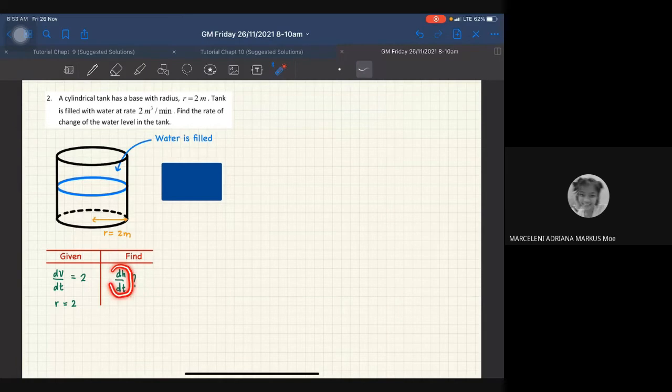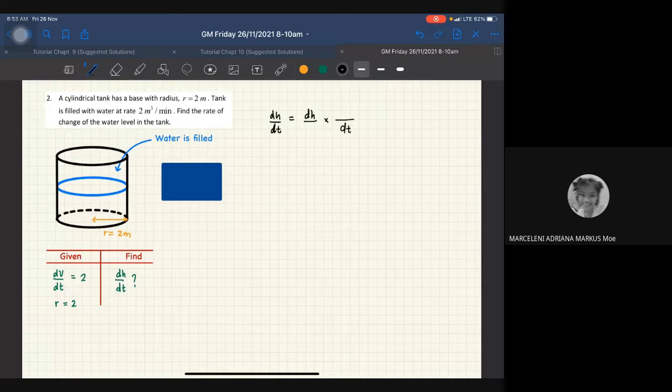Okay, so kalau tengokkan dekat sini, apa yang kita perlu letak dekat sini? dV. Betul, dV. Okay, sebab kita dah ada information dV dt. So just masukkan sahaja dV dekat atas tu. So this one will be dV. This one over here will be dV as well.